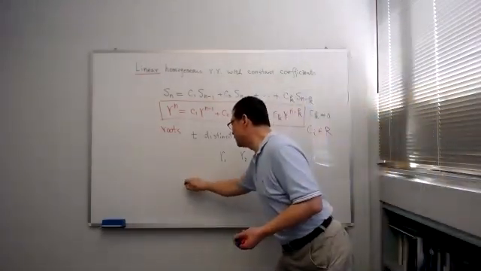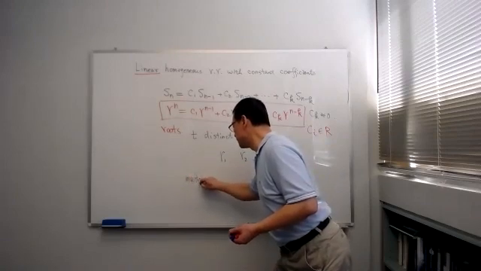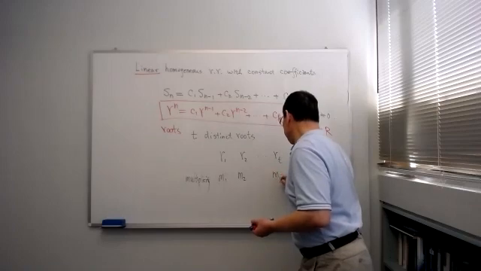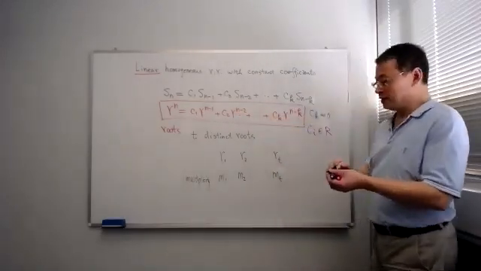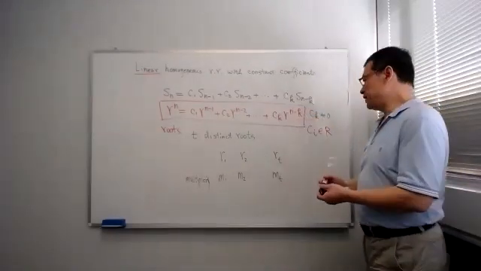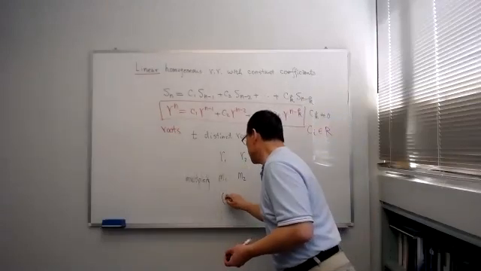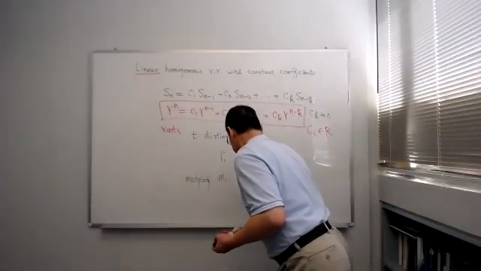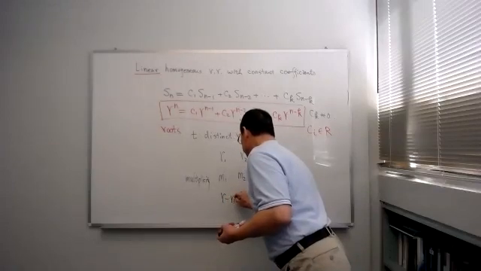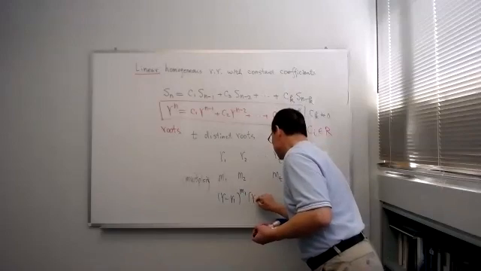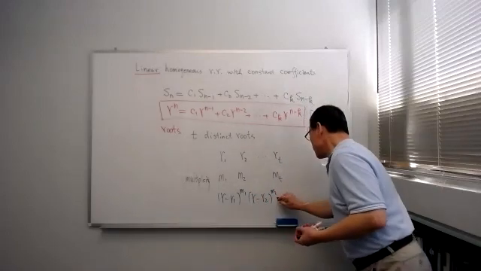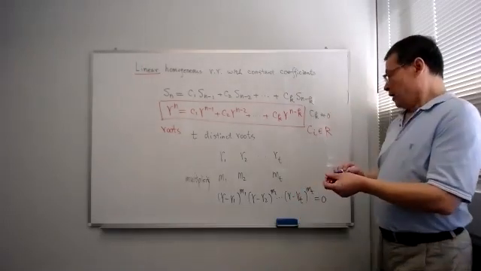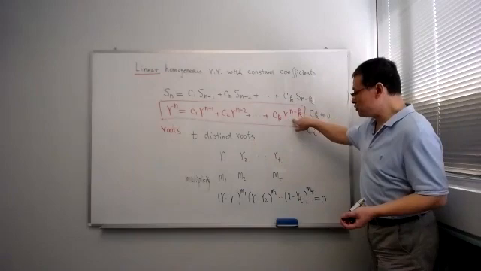Each has multiplicity M1, M2, up to Mt. That means this equation can be written in this form; this equation is equivalent to this equation.